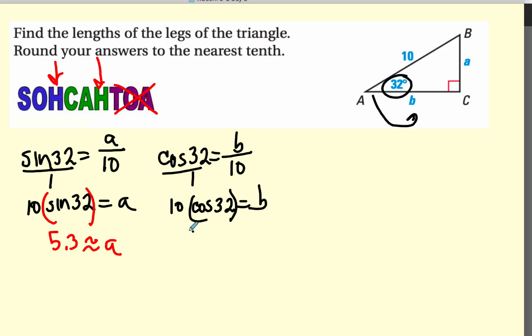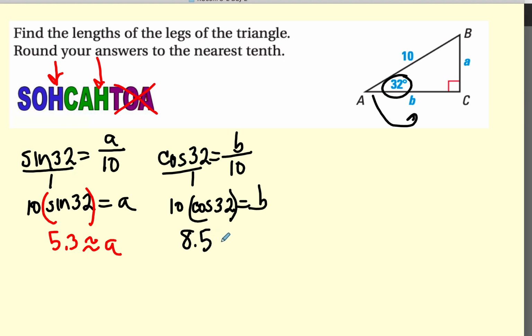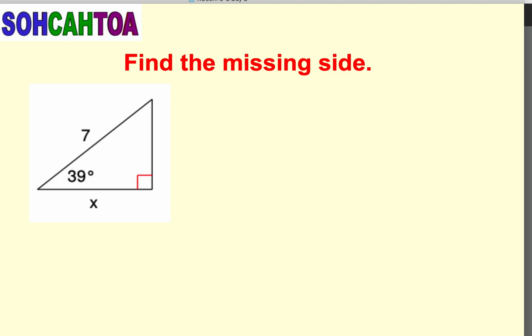And this is going to be 8.5 if I round, which is approximately B. Now this angle will be 58 degrees, and B should be bigger than A, because B is opposite a bigger angle.